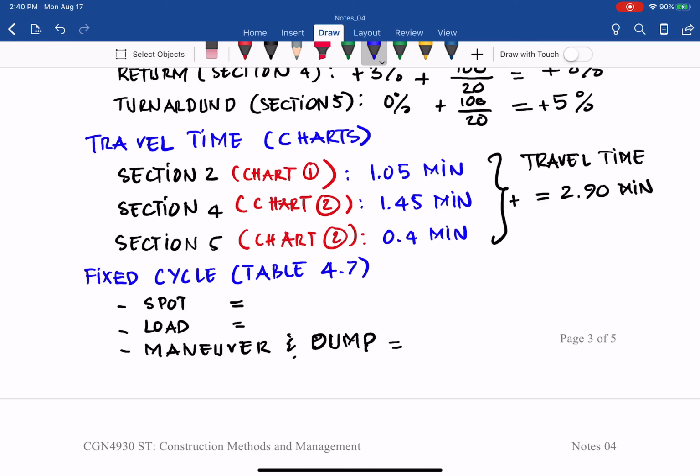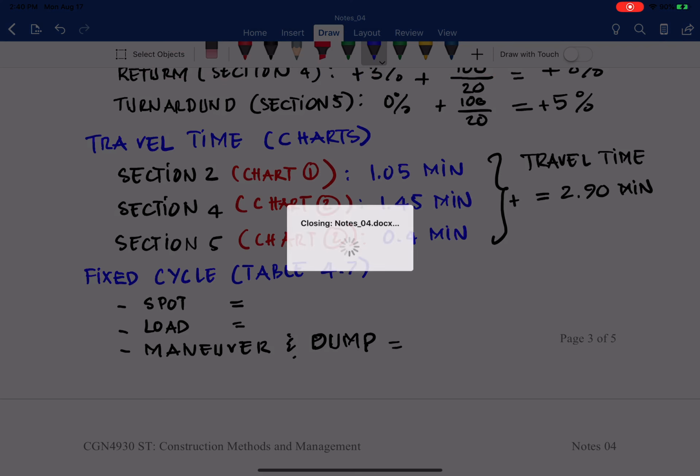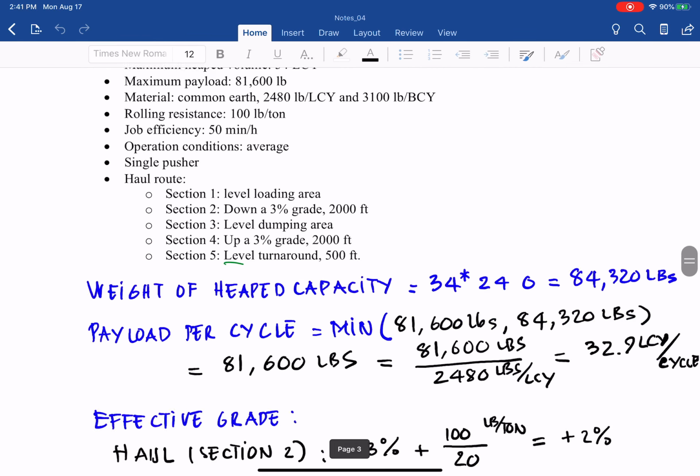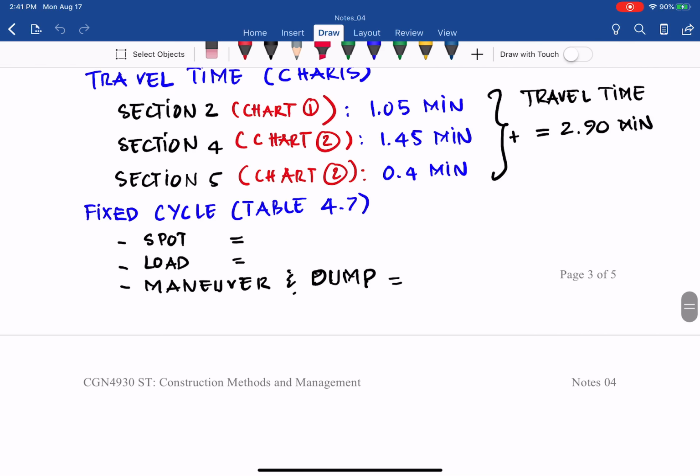So we just put in from that table: 0.3 minutes, 0.6 minutes as we mentioned, and 0.7 minutes.